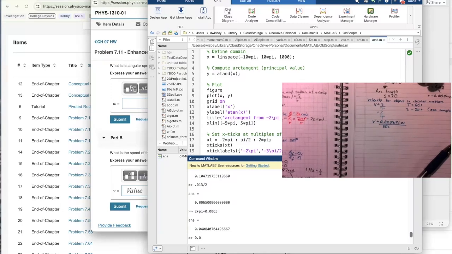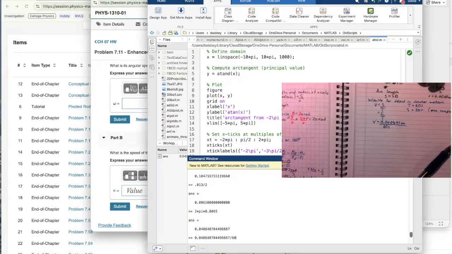The number is 0.0408407, and I'll just leave the extra digits in there while I'm doing the calculation. When I'm done, then I'll round it off. This is divided by 60.